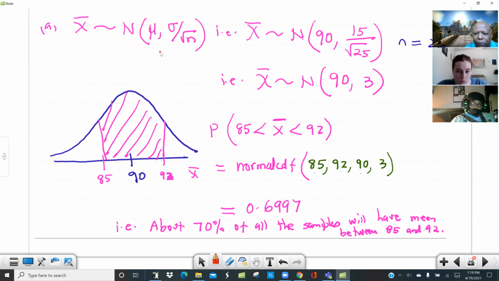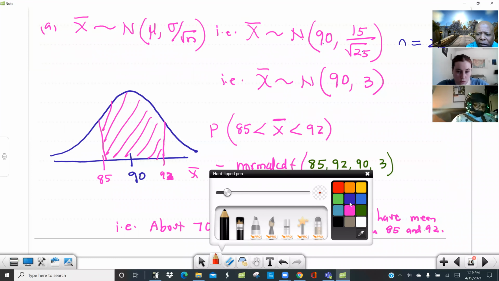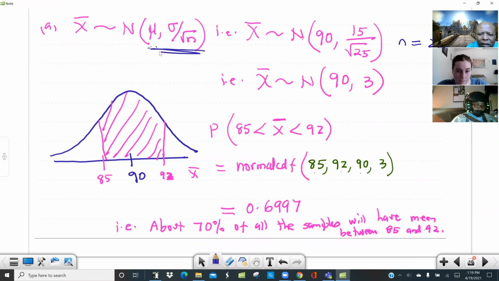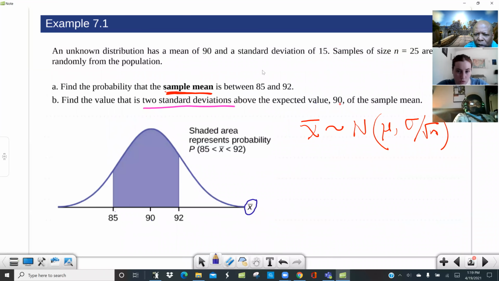Let us find what those values are. The mean is the 90 that we are given here because you are told that the mean is 90. The standard deviation of the population is 15.